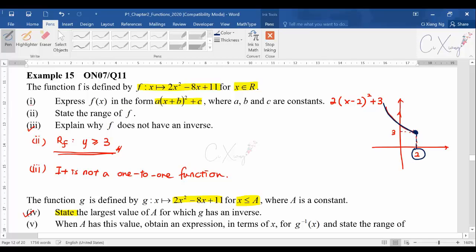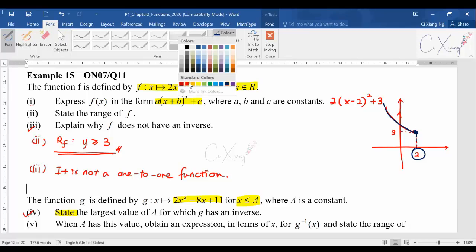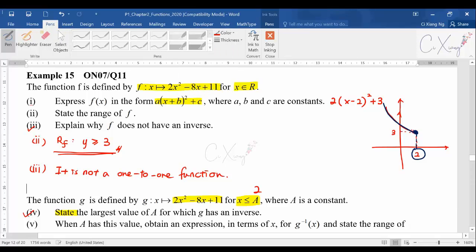This is 2, which should be your a. Because if you put x smaller than or equal to 2, then you will see that your graph is being cut in half and you have a one-to-one function. Okay, so the answer is a equals 2. Again, no steps that you need to show, but you need to do the analytic thinking. You have to analyze the answer by having your graph in mind.